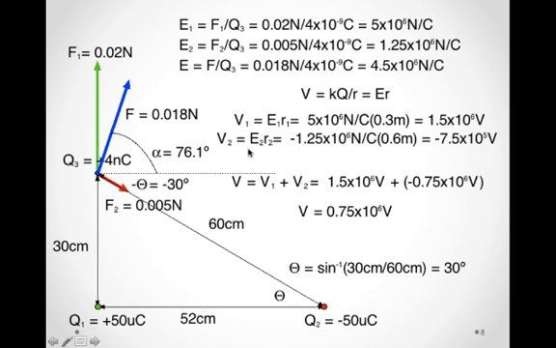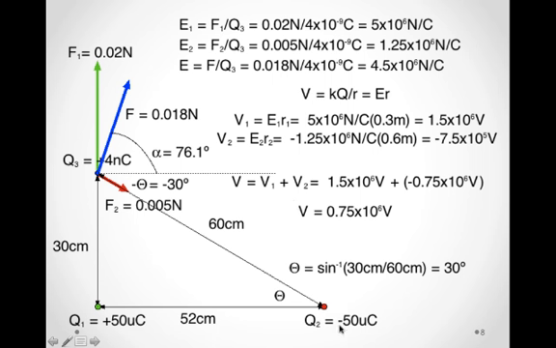Likewise, V2, the easy way when I know the electric field strength is just to multiply by the distance here. And doing that, I can get the voltage or the potential at Q3 relative to Q2 here. Again, I could have taken KQ over R2, where Q is the negative 50 microcoulombs, and gotten the same answer. Potential is just adding the two different potentials together.